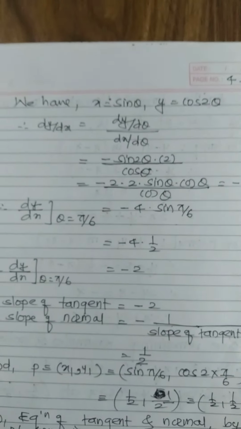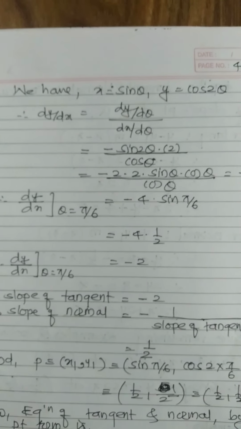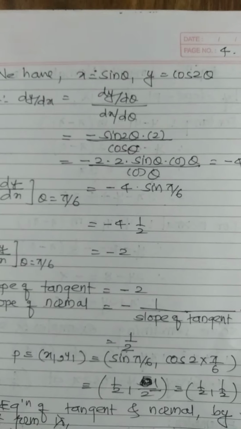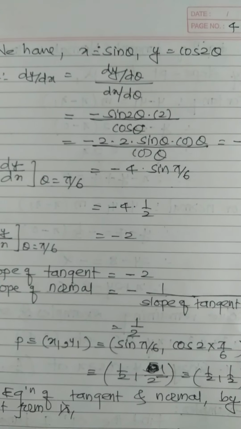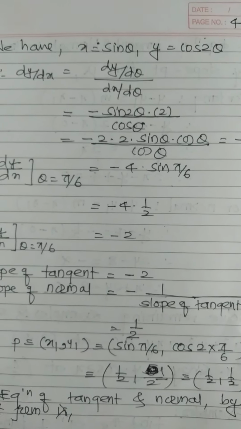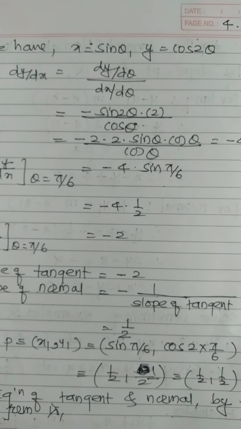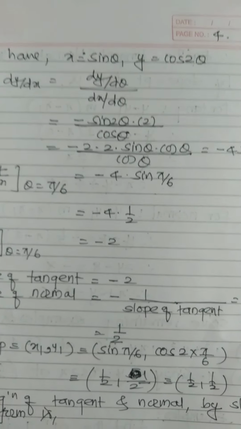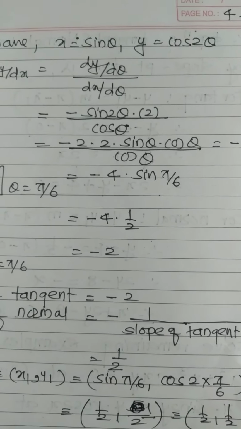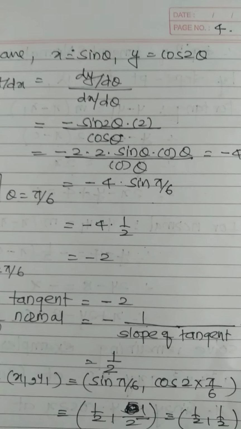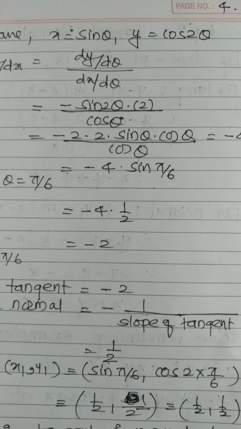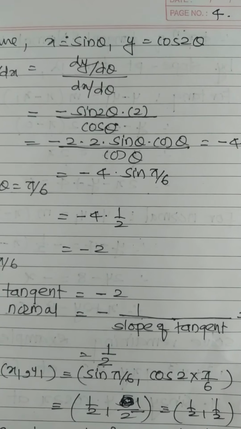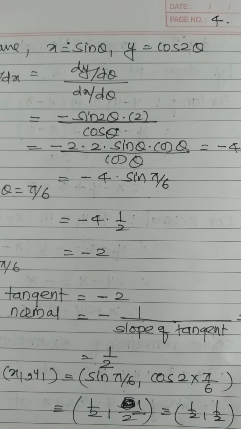Therefore we have x equals sin theta, y equals cos 2 theta. Now you know how to calculate dy by dx for parametric equations: dy by d theta upon dx by d theta. Differentiating y with respect to theta, it becomes minus sin 2 theta into 2, and the derivative of x, sin theta, is cos theta.